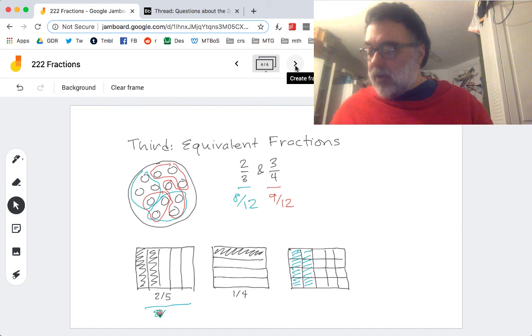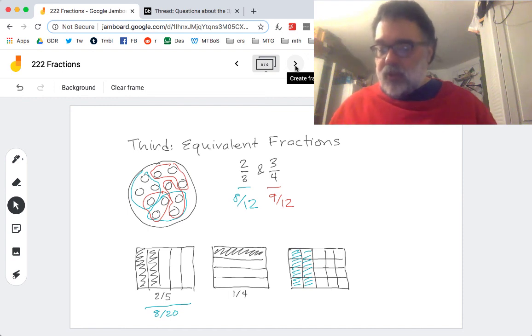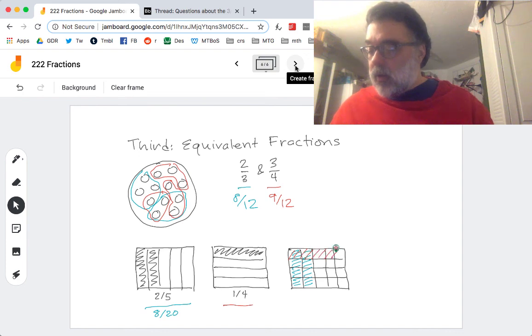Out of how many total? Well, we've got 5 rows of 4. This is where the array thinking comes into it. The 1/4, how many pieces is that going to be? Well, that's only 5 pieces out of the 20.